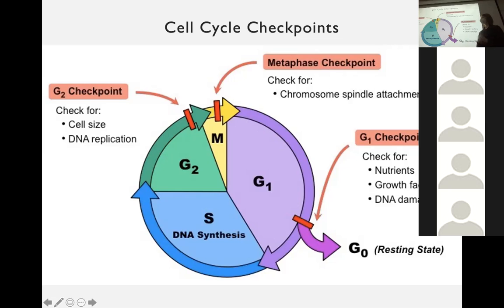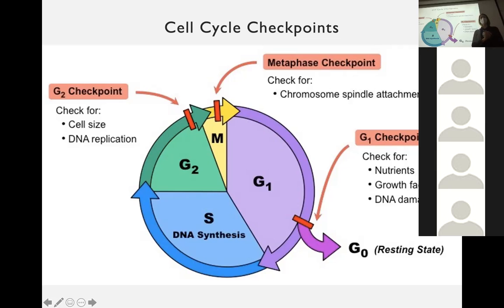I won't talk about what happens if there are DNA errors, but there's a few different ways that a cell can fix those. We'll say everything's good at the G2 checkpoint, so that cell then starts the M phase or mitotic phase. There's a checkpoint in there as well, sort of, right in the middle, in metaphase.